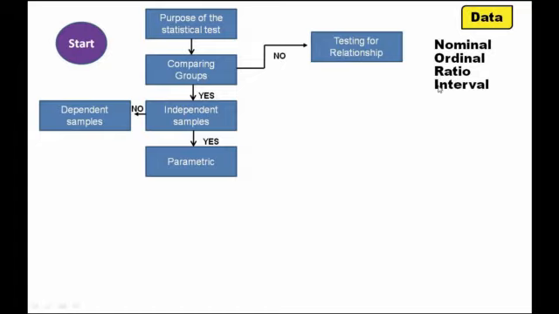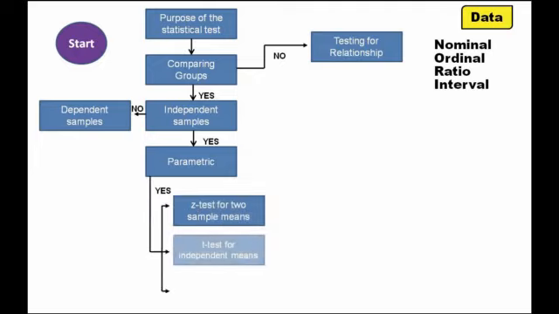Yung R at yung I naman ay under ng quanti. Ibig sabihin, if the statistical tool that we are going to use in testing the hypothesis made use of ratio and interval data, then parametric yung statistical tool na ginagamit natin. Otherwise, siya ay non-parametric test.